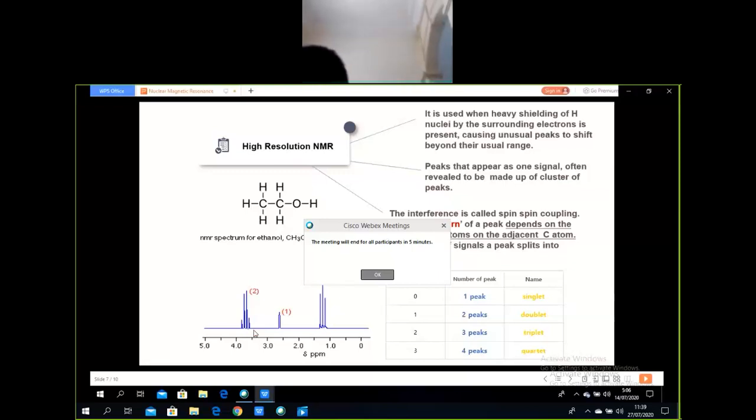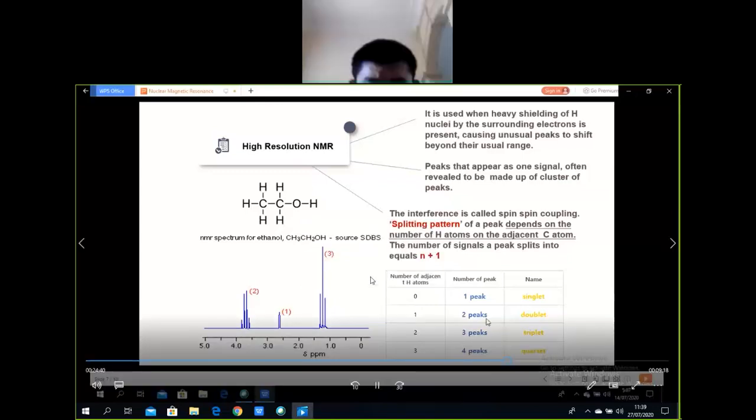So the number of hydrogen atoms on the adjacent carbon atom determines the number of peaks. If there is no hydrogen on the adjacent carbon atom, there is a single peak. It's called a singlet. If there is one hydrogen on the adjacent carbon atom, it splits into two, which is called a doublet.